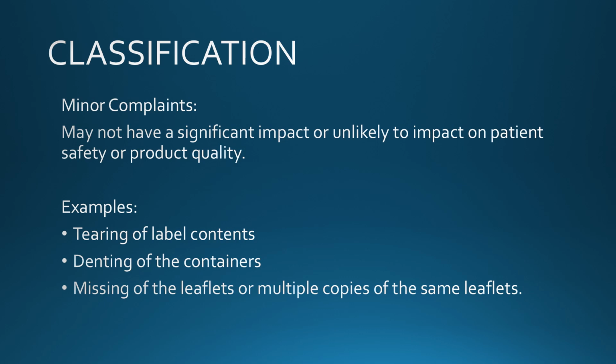Missing of the leaflets or multiple copies of the same leaflet. So during the dispatch or during the distribution, some of the leaflets have been missed, which give information related to the product, or multiple leaflets of the same product have been kept in the cartons or the containers. So all such a type of complaints can be considered as minor complaints.